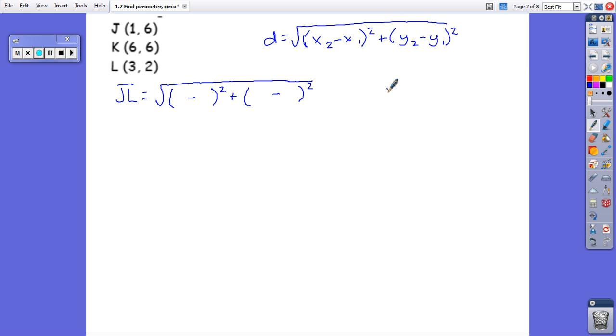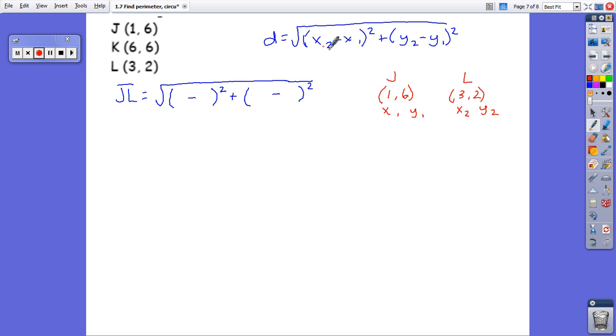And I'm going to label my 2 points. Actually, I think it's easier if I rewrite them. So here's J, 1, 6. And here's L, 3, 2. And we're going to call one of these points x1, y1, and one of these points x2, y2. And now I just plug it all into the formula.